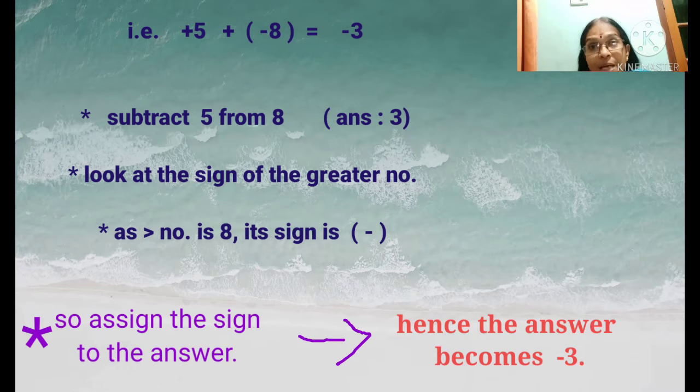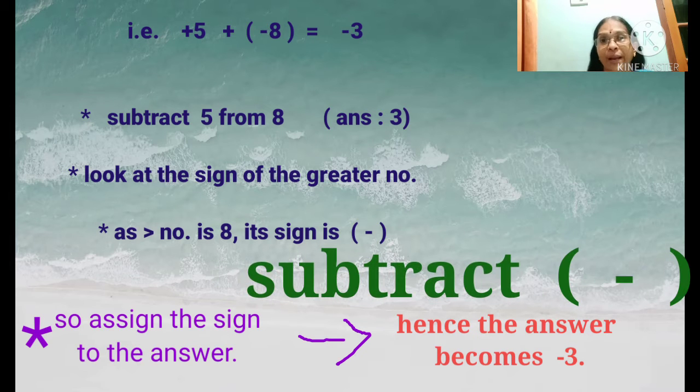I will show you an example. You will be able to understand it. So, what you have to do? If you are getting two integers of different signs, without any doubt, you have to subtract.